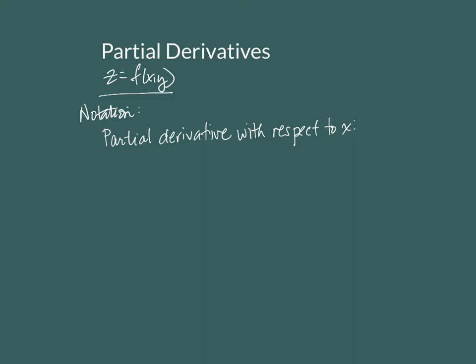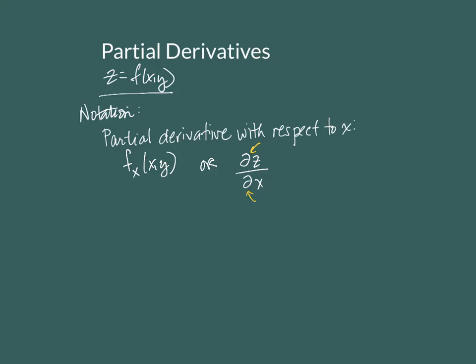If we want to know the partial derivative of f with respect to x, the notation we're going to use is f sub x of x and y, or, notice we use z, there's another notation that is partial z over partial x. Notice this notation kind of looks like you didn't quite complete drawing a 2 here. It is just the notation that means the partial of z with respect to x.